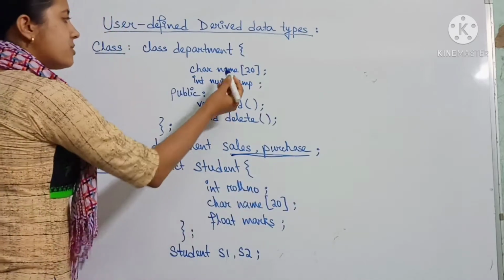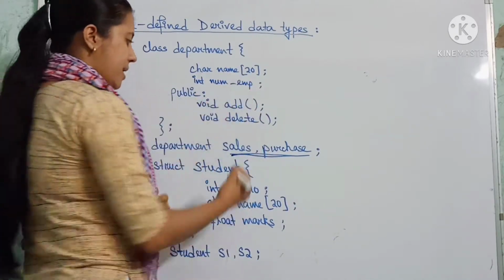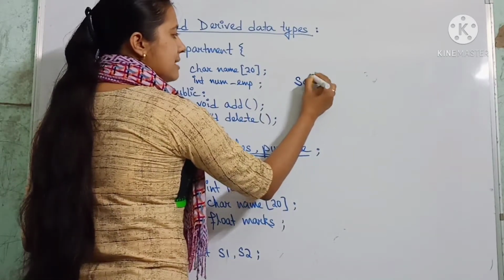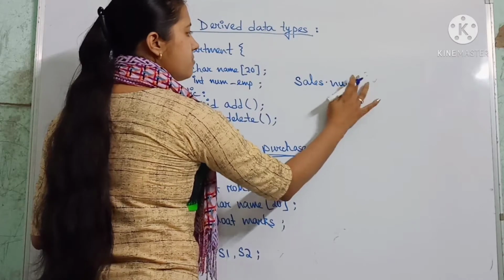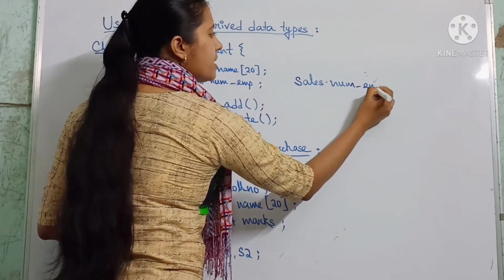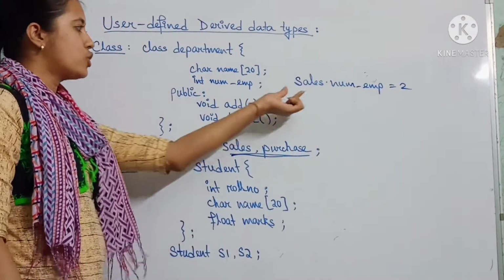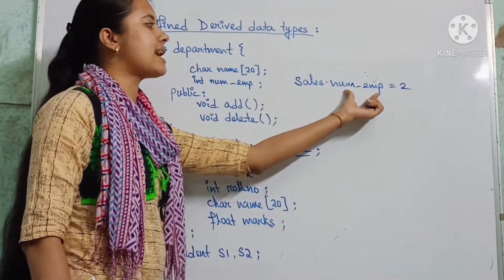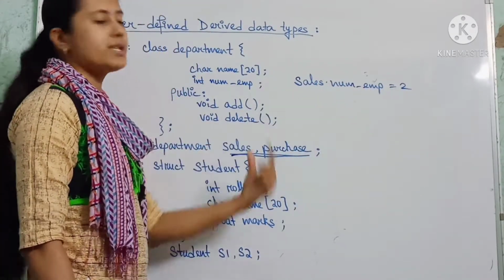Suppose I want to add one num emp, then I have to write like this: sales dot num emp equal to 2. Like this we can assign. Through this object I can assign something to this data member. Without an object you cannot assign.